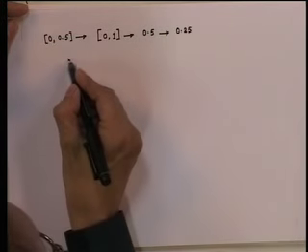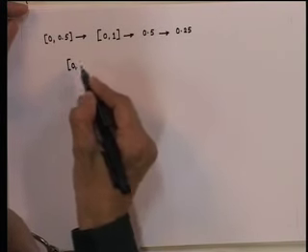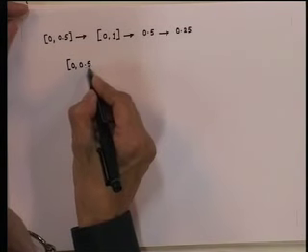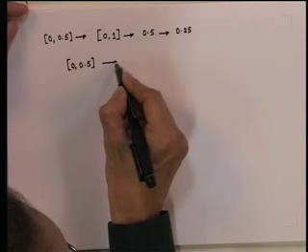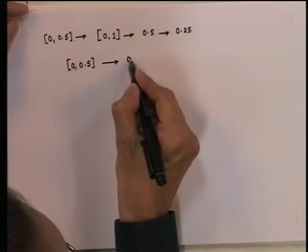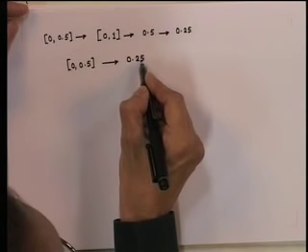So, effectively the input between the range 0 to 0.5 gets mapped to 0.25.